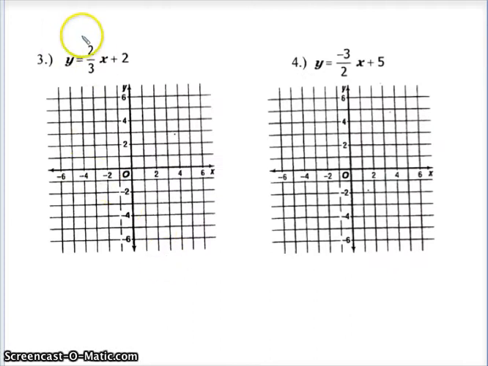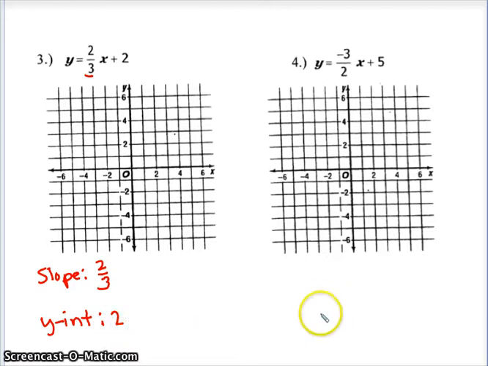In example number 3, I'm going to find my slope and the y-intercept. The slope is the value with the x. In this case, that's 2/3. My y-intercept, that's 2. So I always start with the y-intercept. I go to the value 2 on the y-axis.